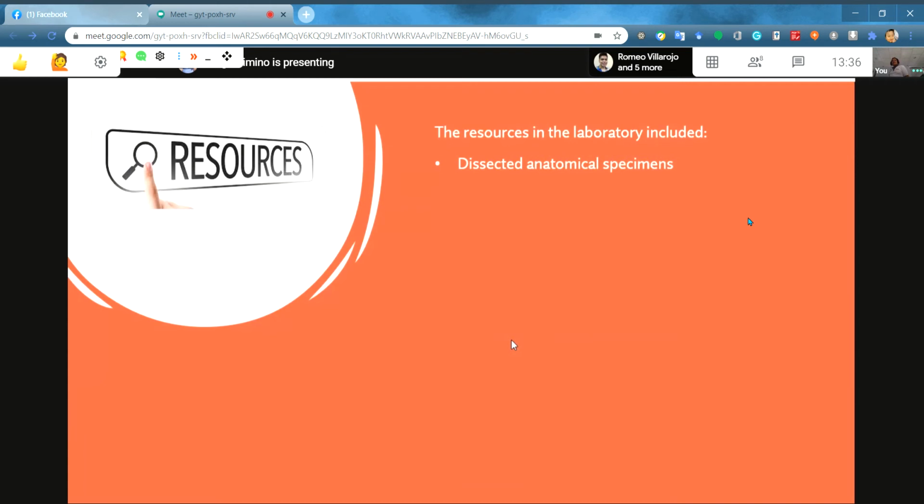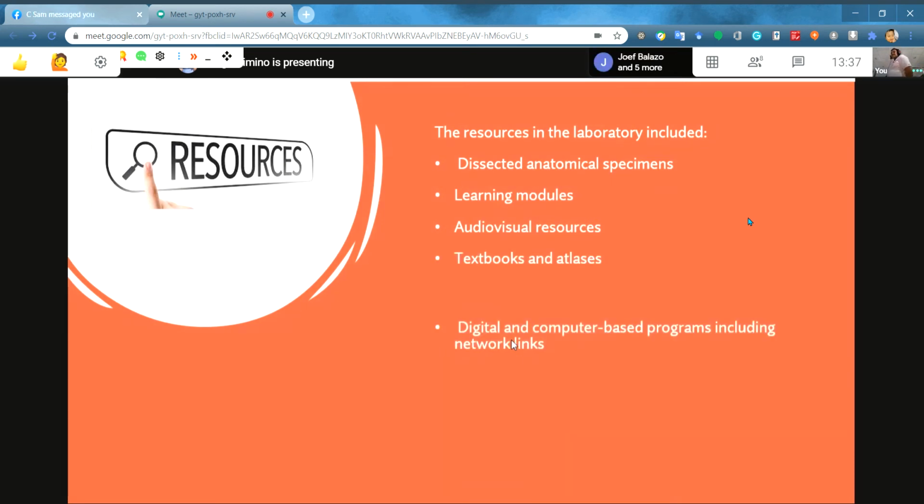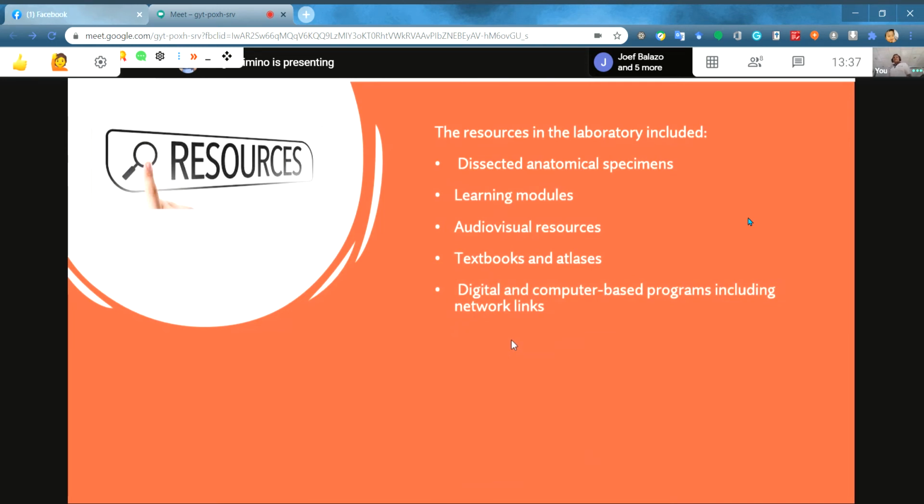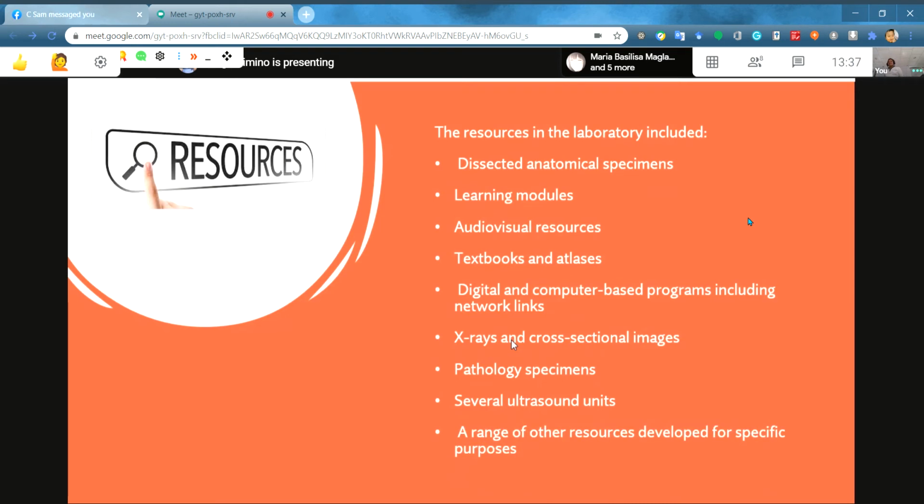There should be undissected anatomical specimens, learning modules, audiovisual resources, textbooks and atlases, digital and computer-based programs including network links, X-rays and cross-sectional images, pathology specimens, several ultrasound units, and a range of other resources developed for specific purposes. So these are the different resources that can be seen in the human anatomy laboratory.